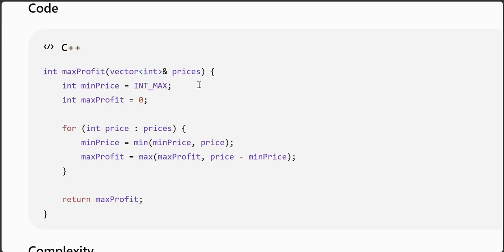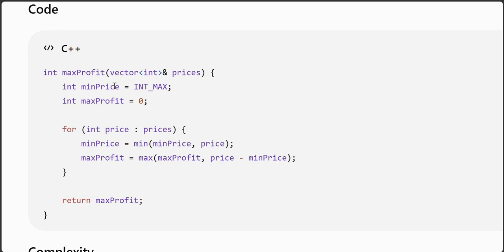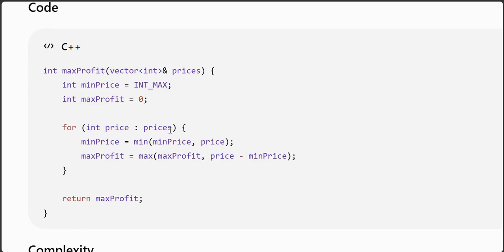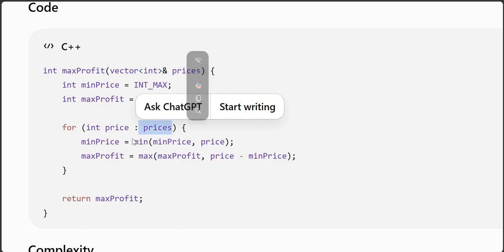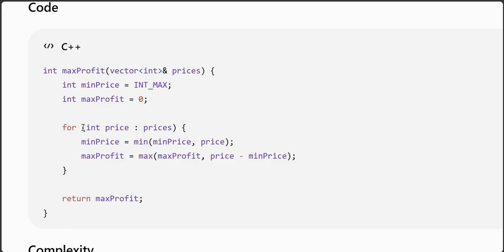For the optimal solution, we identify a minimum price and a maximum profit. We iterate over the prices array using a simple iteration. For min price, we initialize it with int max, and we initialize the maximum profit with the value 0. We keep track of the minimum price by using min of min price comma price.